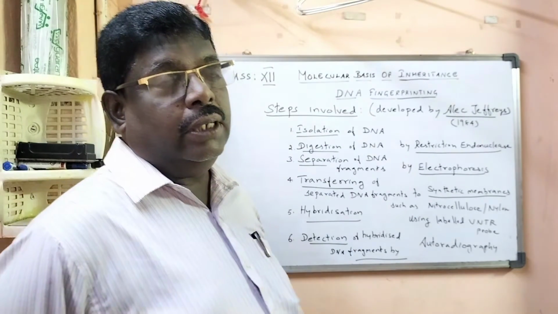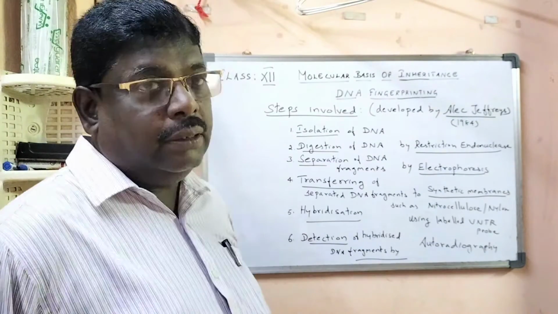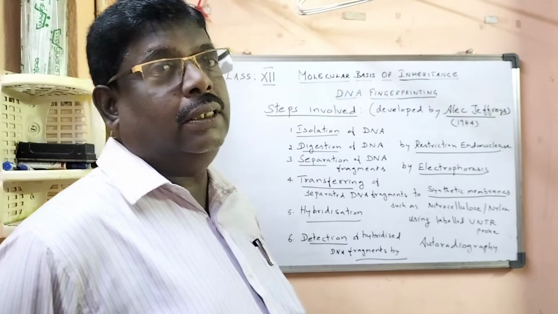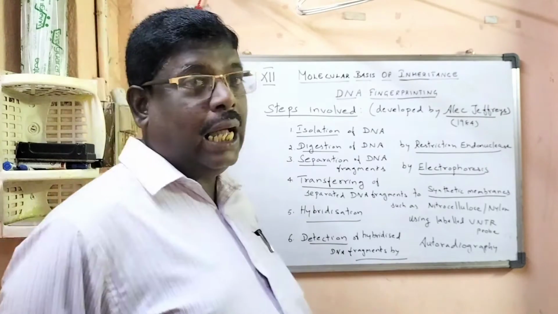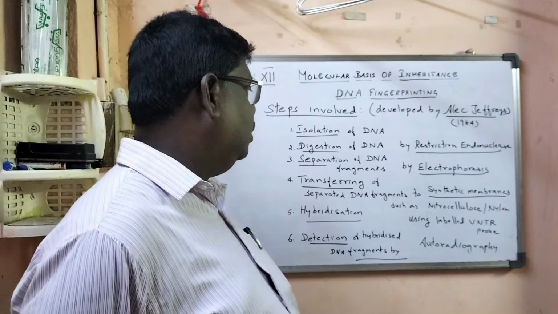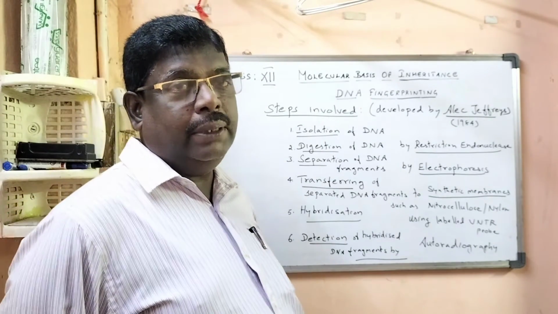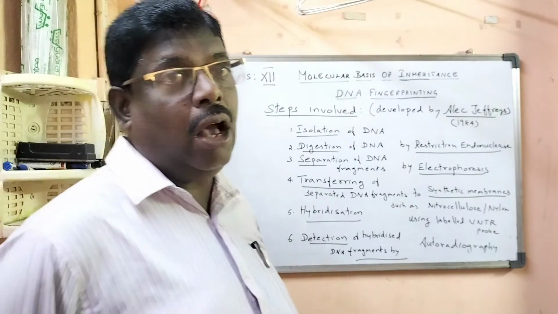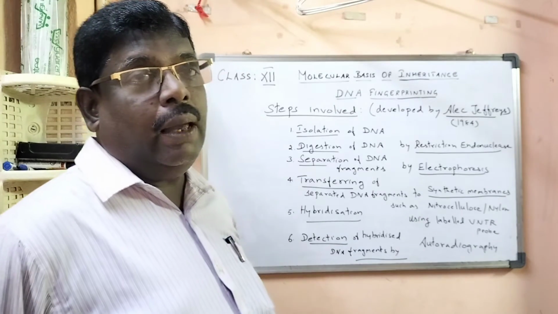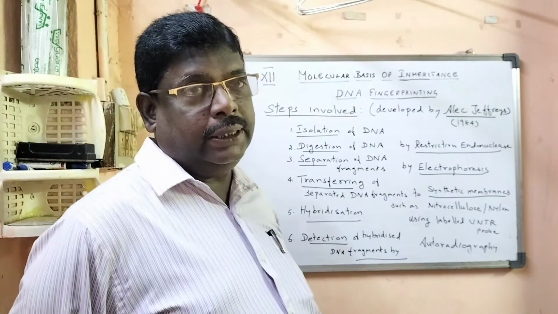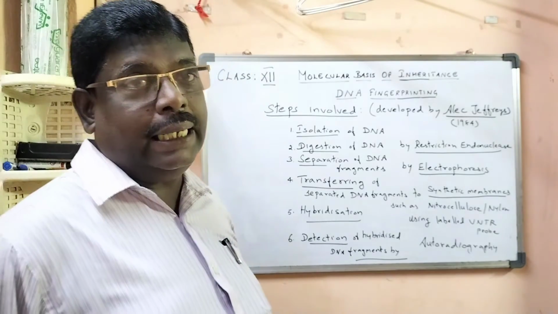Hybridization. Now the separated and transferred DNA fragments are hybridized. It is done by a radioactive labeled VNTR, variable number of tandem repeats. So here we use the term tandem.